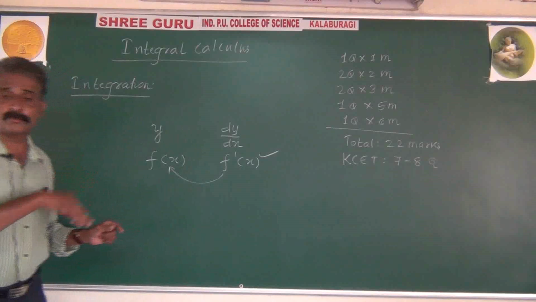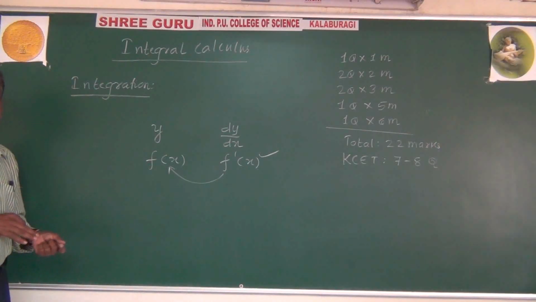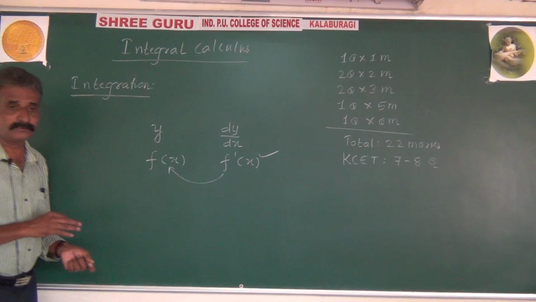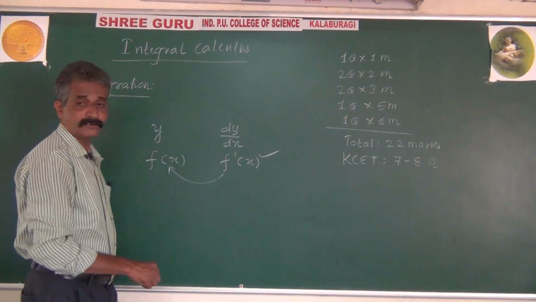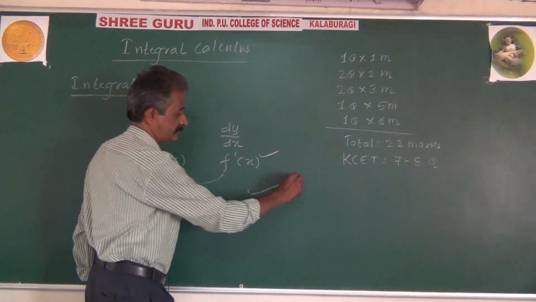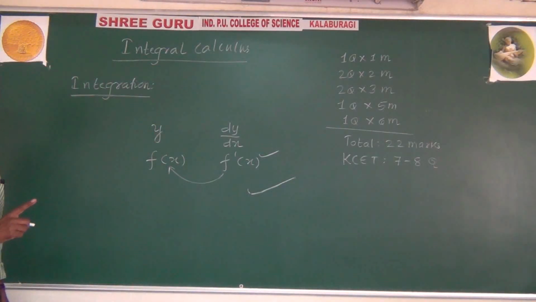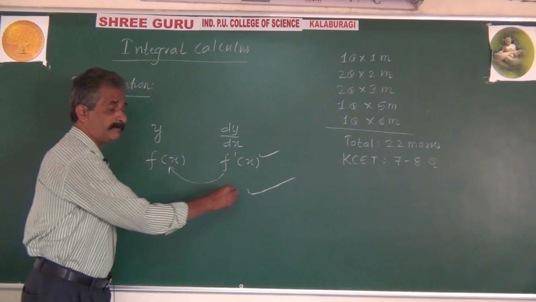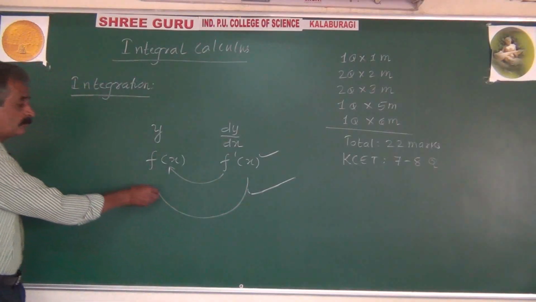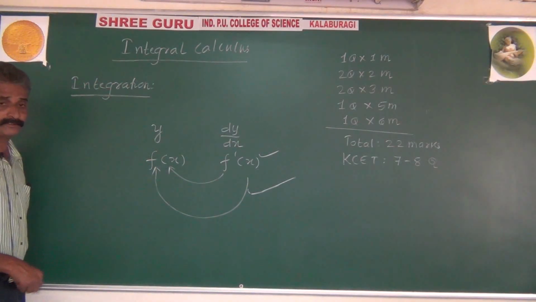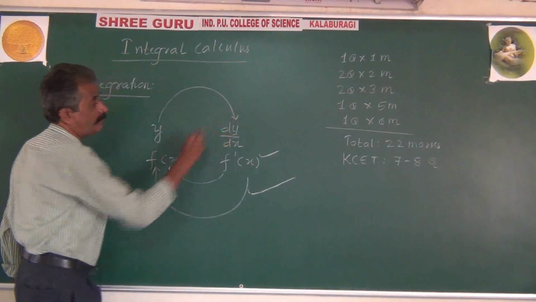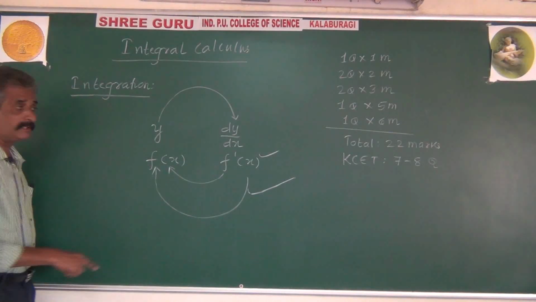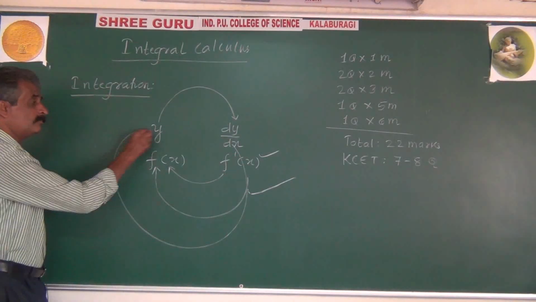Now in this topic it is completely reverse, exactly opposite. In the topic integral calculus, you are given f dash x and you need to obtain the original function f of x. Whereas in differentiation, y is given and we obtain dy by dx, in this topic dy by dx is given and we need to obtain y.